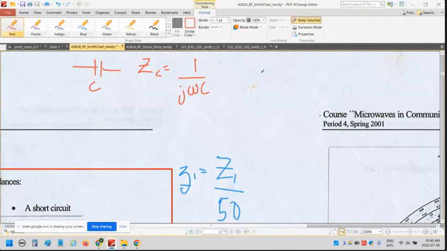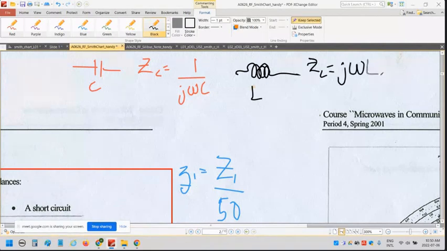If you have an inductor, you should memorize this from now until forever: the impedance for an inductor equals j omega L. The value of omega is 2 pi f, where f is the operating frequency, and pi is 3.142, or you can use the value of pi from the calculator.